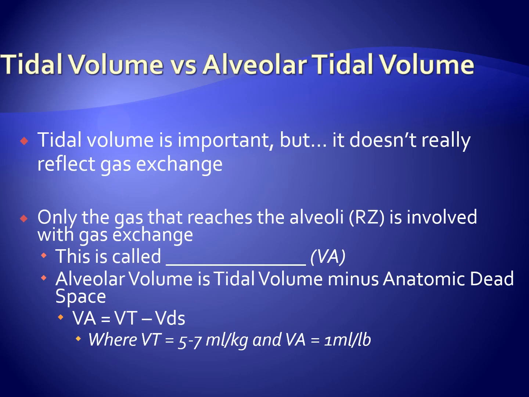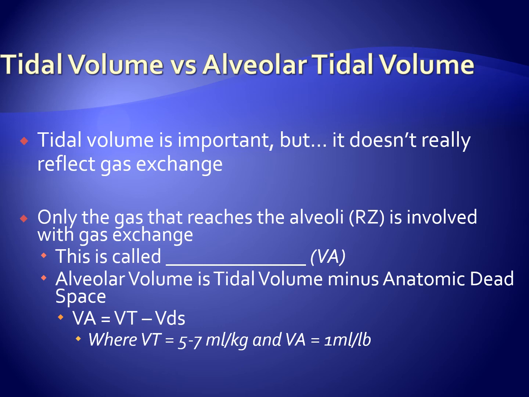When we look at tidal volume, that's the volume of gas you're breathing right now, right? That's roughly 6 mLs per kilo of ideal body weight. So tidal volume is important, but it doesn't really reflect how much gas is getting exchanged between the bloodstream and the alveoli, right? That external respiration.